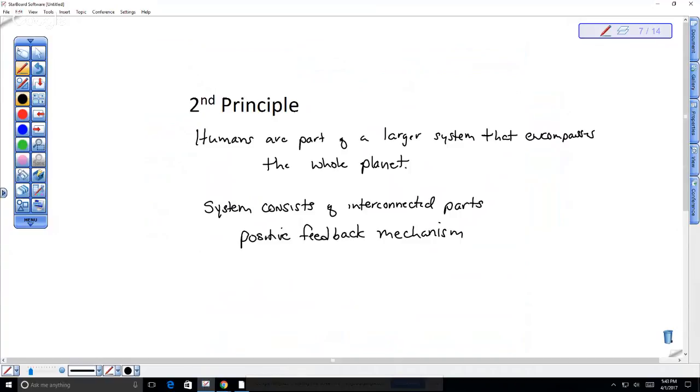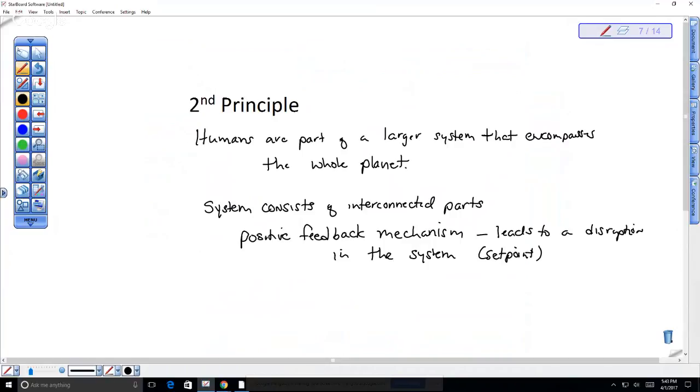So positive does not mean good. Positive actually is kind of a bad thing because it leads to a disruption of the system's set point. Okay, so this leads to a disruption in the system.